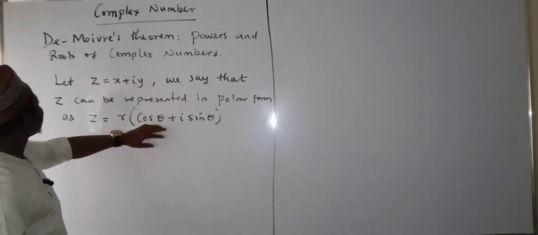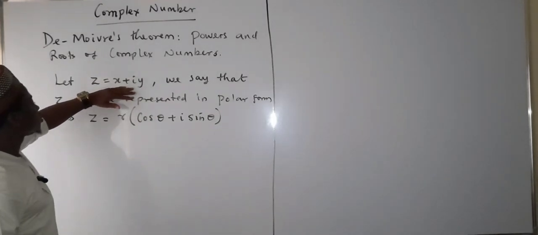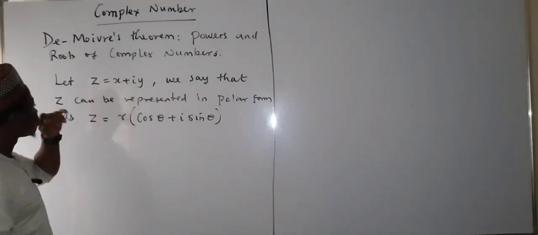So this is the polar form, and this is the rectangular form, which is the Cartesian form.